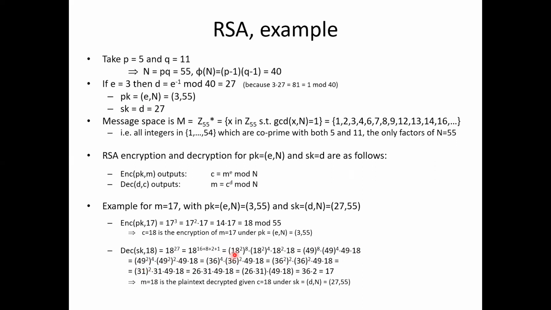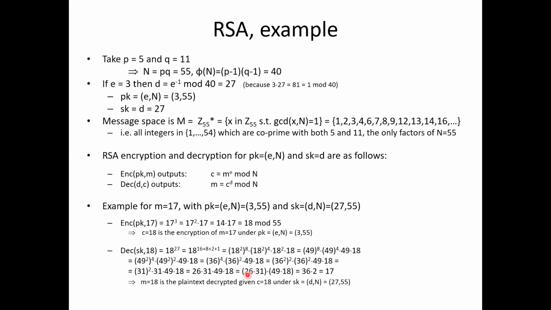If you see what I'm doing, I compute on a piece of paper next to me 18 squared, then 49 squared, then 36 squared, and I'm done with squares. And 31 squared. Now I'm done with squaring, and I do the multiplications.